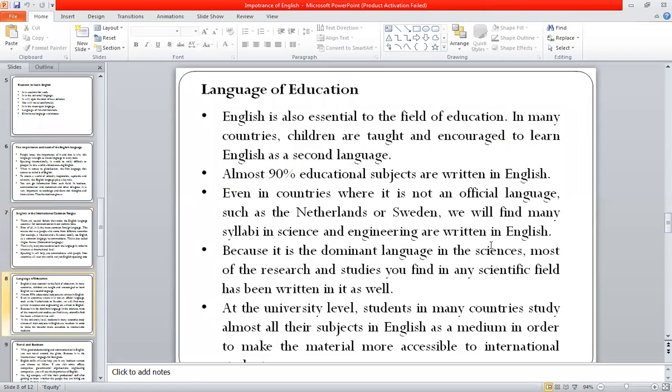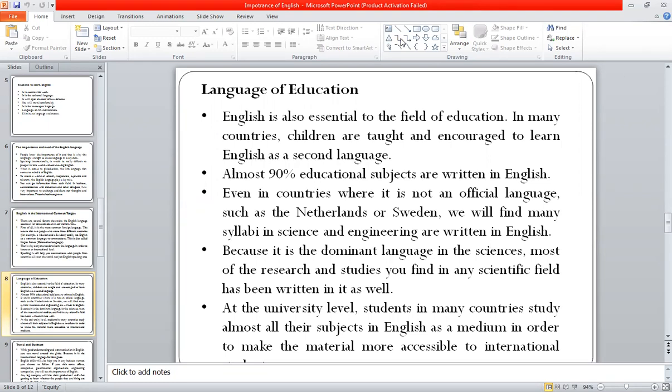Also, we have discussed the language of education. From first standard itself, this subject English is included in your syllabus. When I was a child, the subject English was introduced to us in the 5th standard, but you might be so lucky that you are having this subject from your first standard itself.